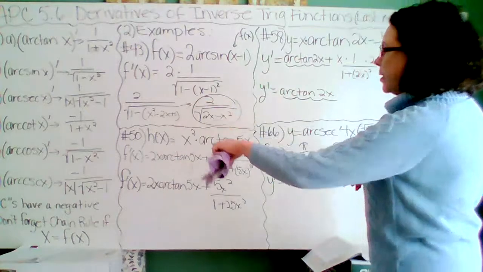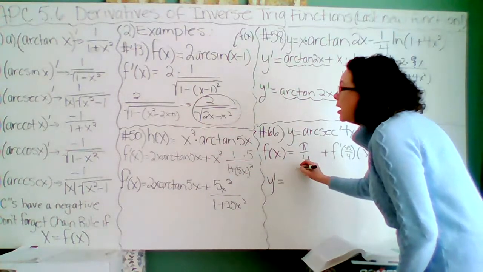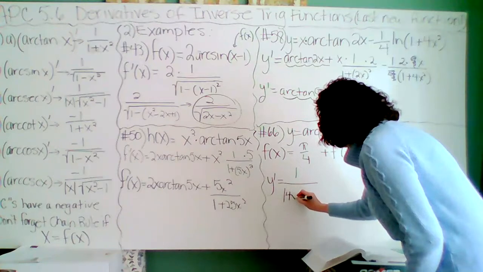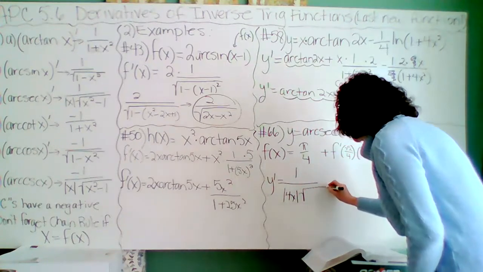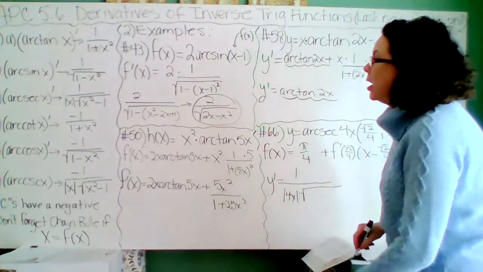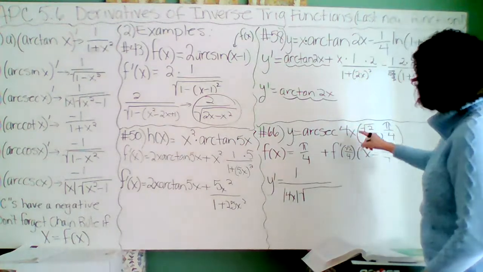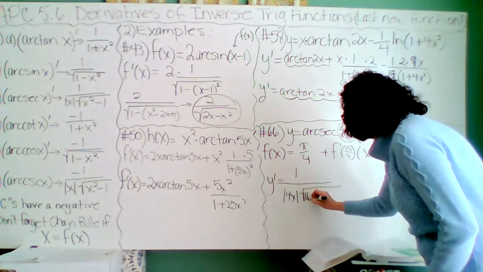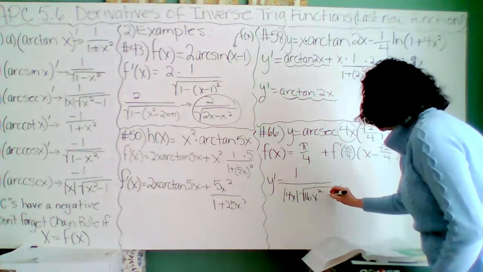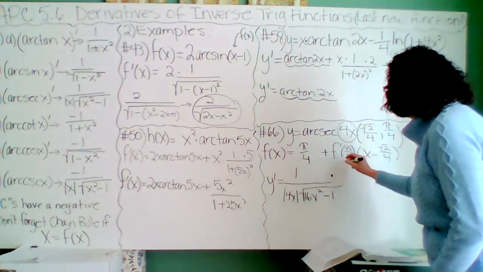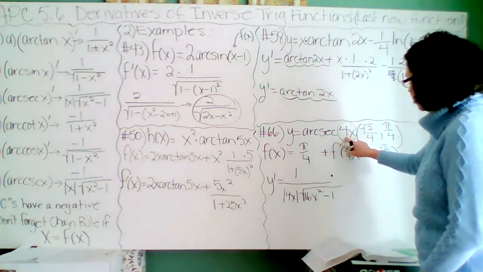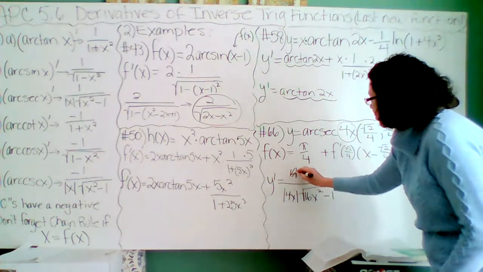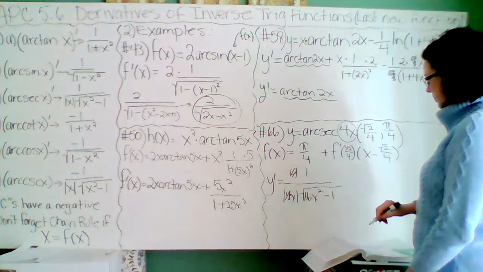So the derivative of it is 1 over the absolute value of 4x times the square root of, right here is what I'm going to square, 16x squared minus 1, times the derivative of the inside function, which is 4. There we go. Notice that this 4 cancels out this 4 here.